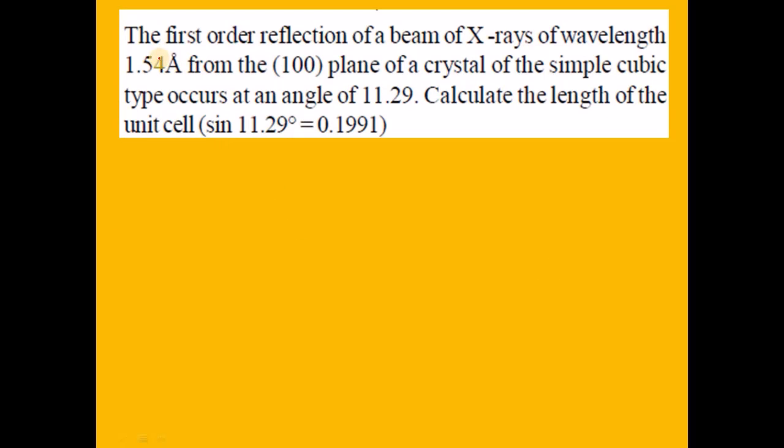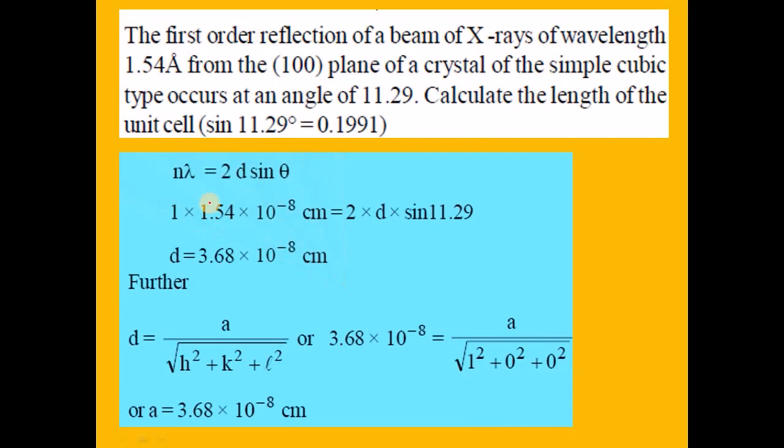The next question. The first order reflection of a beam of X-rays of wavelength 1.54 angstrom units from the 100 plane of a crystal, if the simple cubic type occurs at an angle of 11.29 degrees, calculate the length of the unit cell. They have given sin 11.29 degrees is 0.1991 also. So in this, we have to use the Bragg equation, that is n lambda is equal to 2d sin theta.